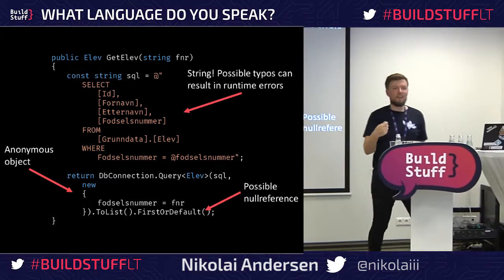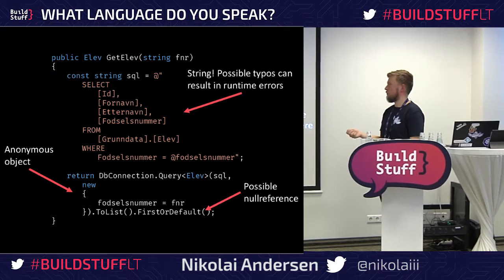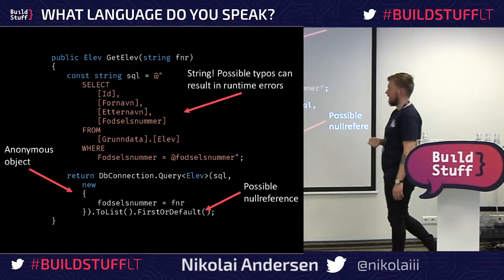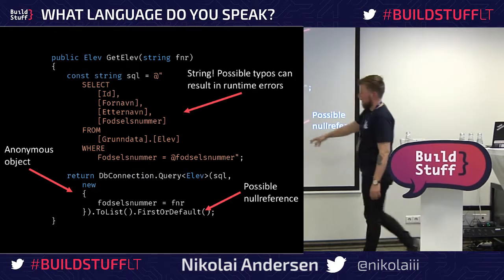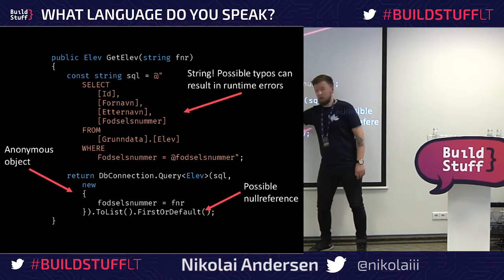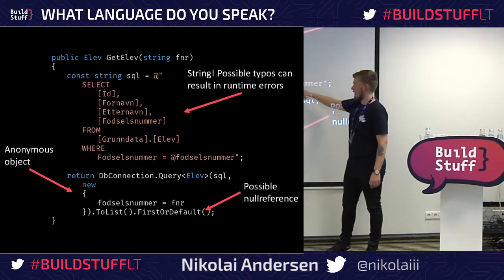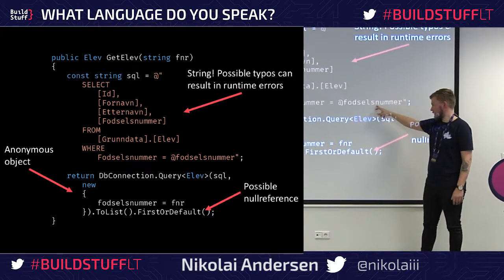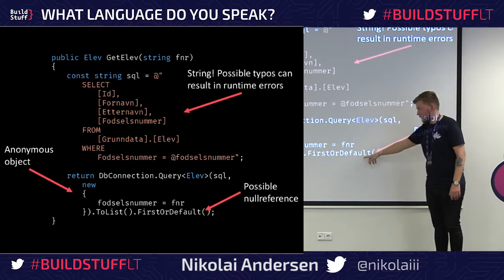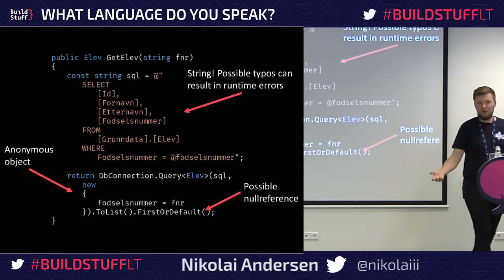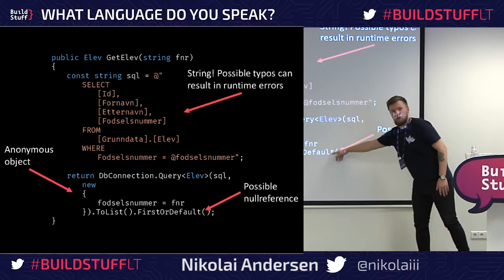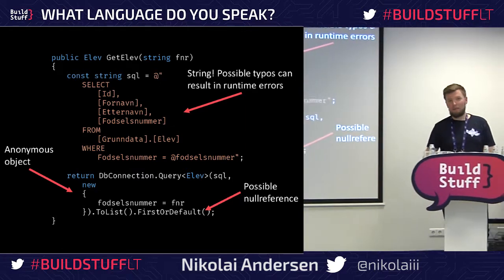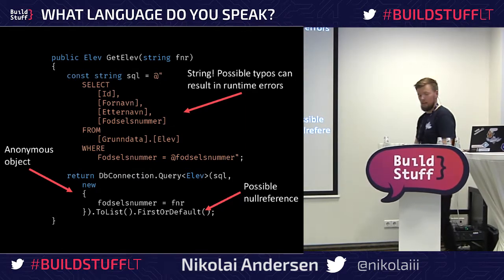So I have to write an integration test to check that I wrote correct SQL. We have an anonymous object here, so I can have a typo, and if that doesn't match, it's a runtime error, not a compile time error. And of course, we don't know if anything is returned, so when we return first or default here, the method mapping this needs a null check.